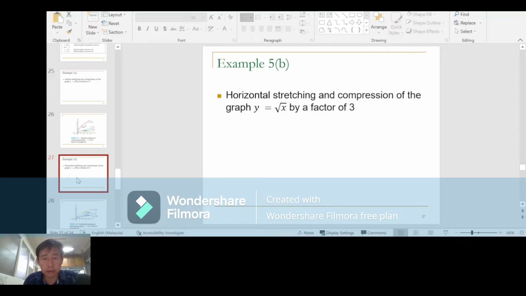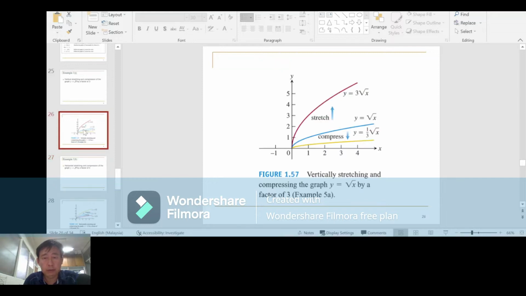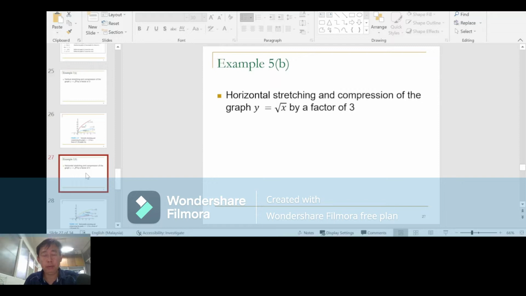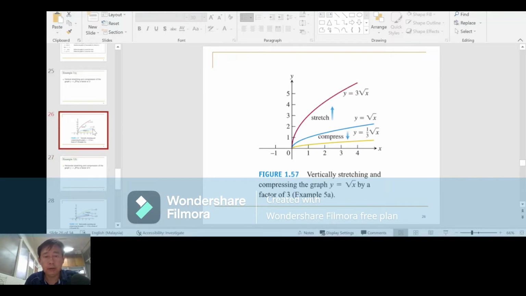So this is vertical compression and stretching. Before we continue, let us revisit the mechanism of compressing and stretching a function vertically.